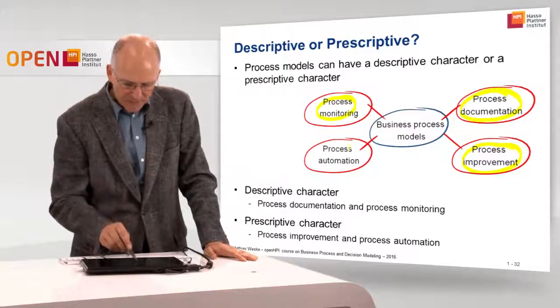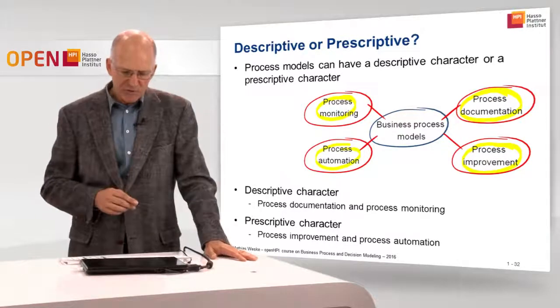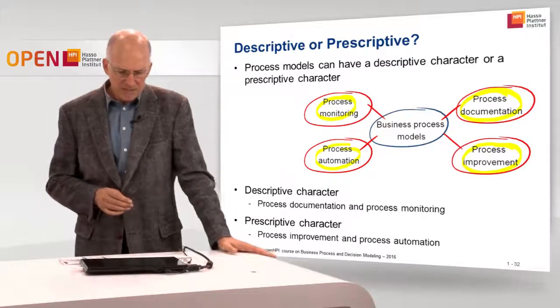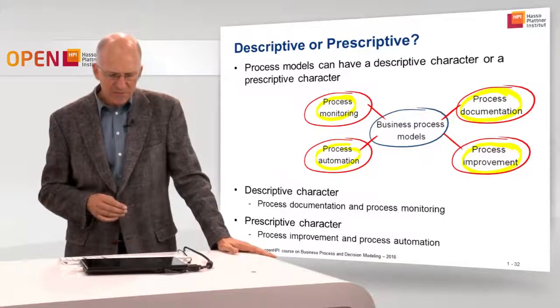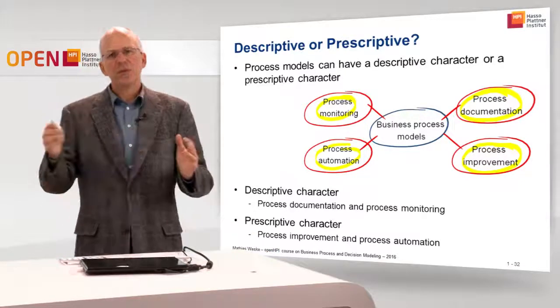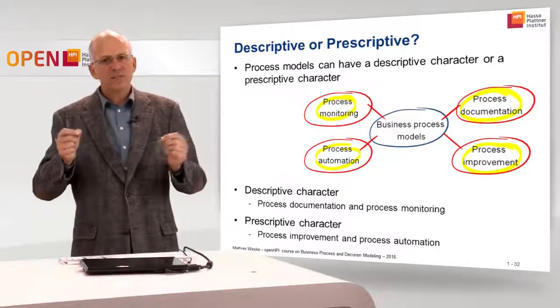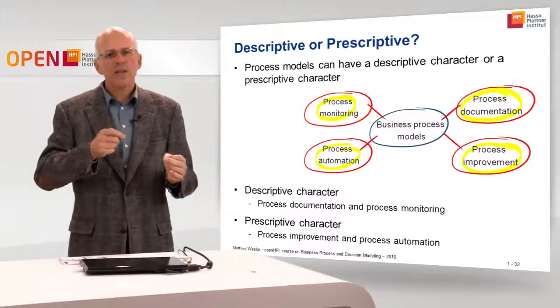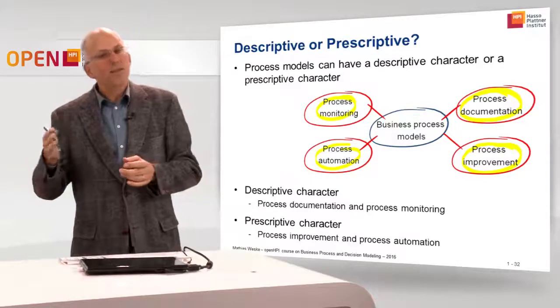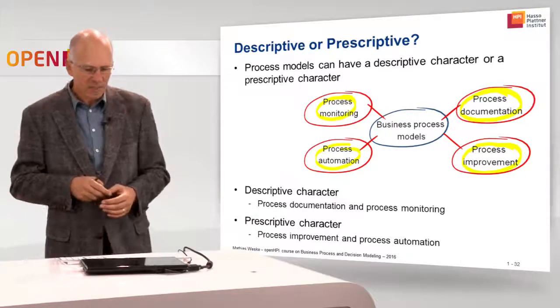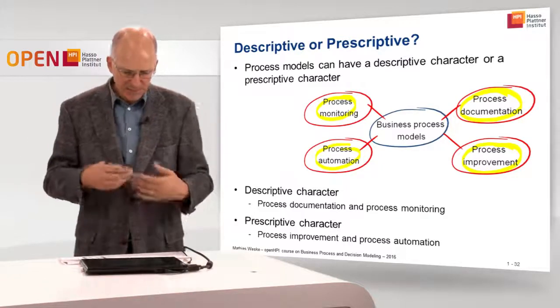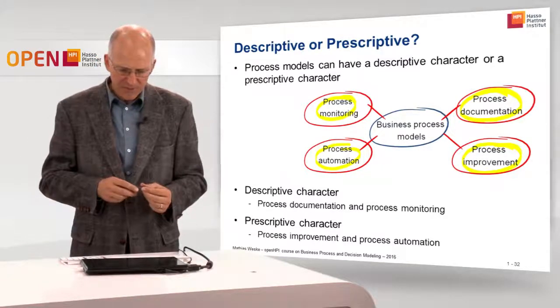Process automation. In process automation, we also have this prescriptive character. We have the process model, and now we need to realize it. So we need to connect the interfaces of the IT systems in a way that the process is implemented, at least the automated parts of the process. So also here it has a prescriptive character.